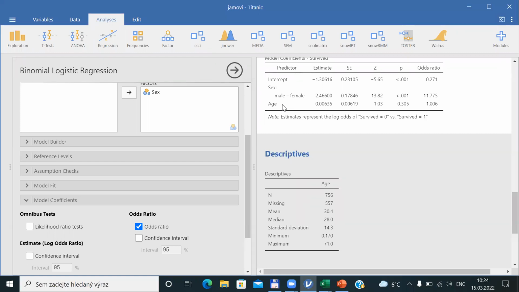If your scale is quite a long one, it is much better to use some other unit than only 1 unit change for the interpretation. So we can, for example, discuss the difference between the oldest and the youngest member of Titanic.